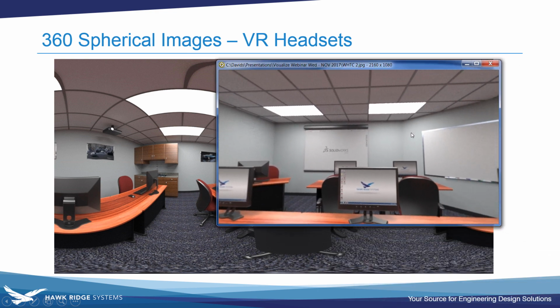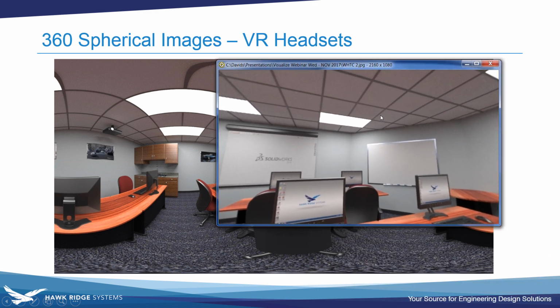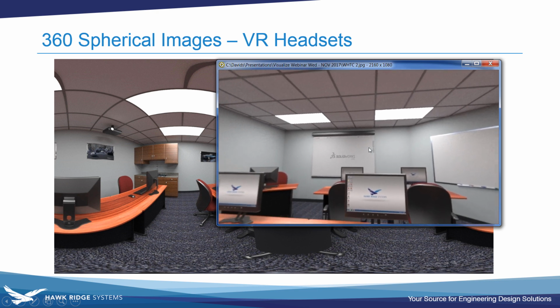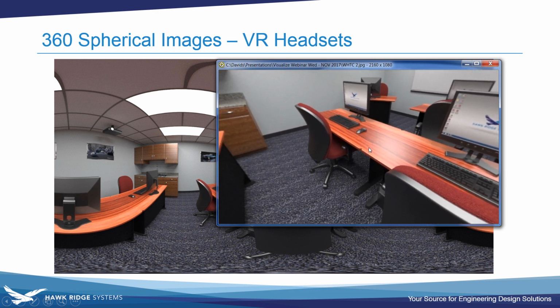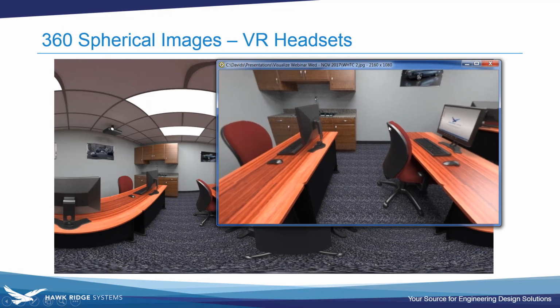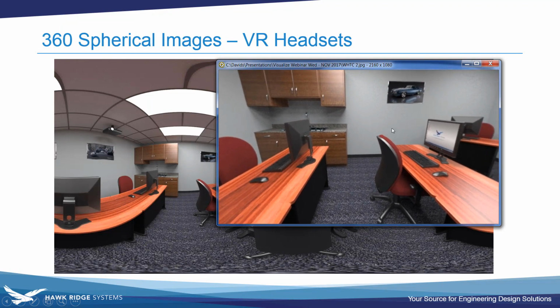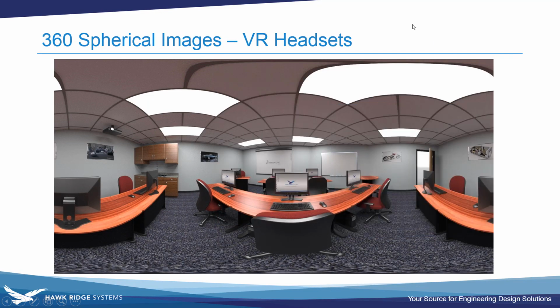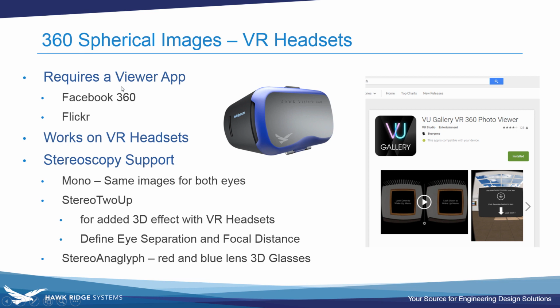But it requires special software to view this. It's basically the same type of effect that you get when you're working with this type of output. These types of images require a viewer app. Facebook 360 is able to view 360 images.